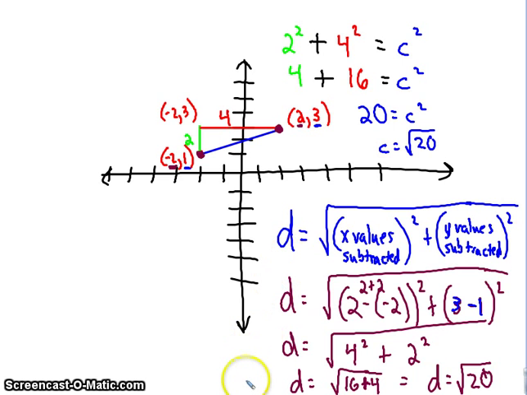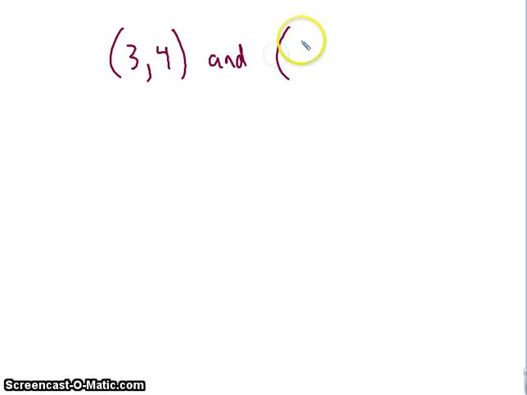Okay? In fact, I'm going to add a slide here, and I'm going to give you 2 ordered pairs. Okay? 3, 4, and let's do 6, 7. Okay? Let's not worry about graphing the 2 points. Let's plug it into the formula.